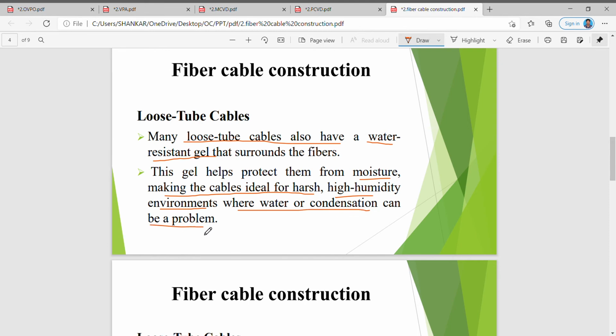The gel surrounds the optical fiber. So whenever there is a water concentration problem, we use loose tube cables to protect from moisture.